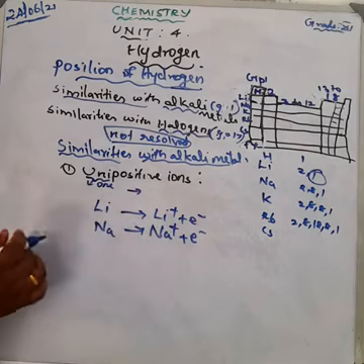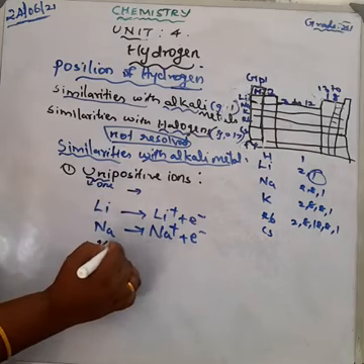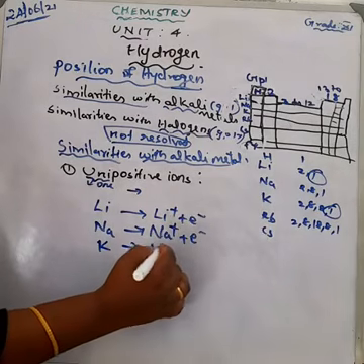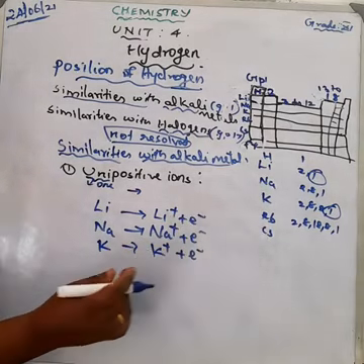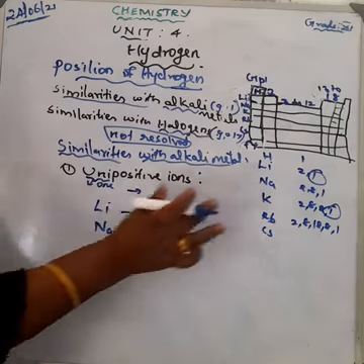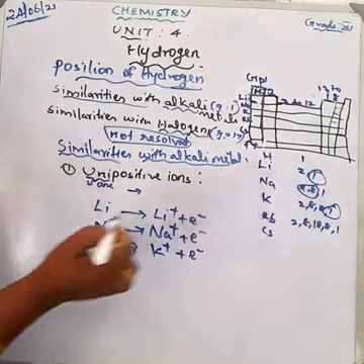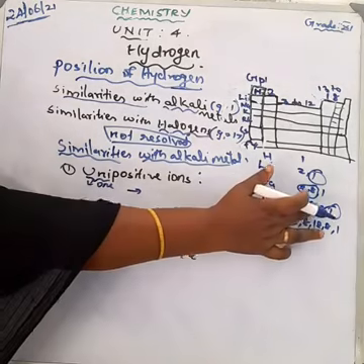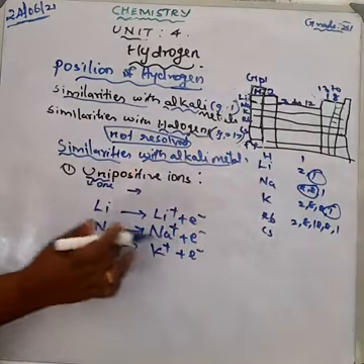Like that potassium, only one valence electron. It can easily lose this one electron because it tries to attain the octet configuration. So the potassium atom removes one electron to form a unipositive ion.